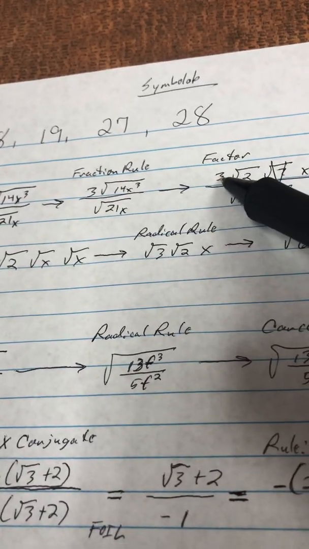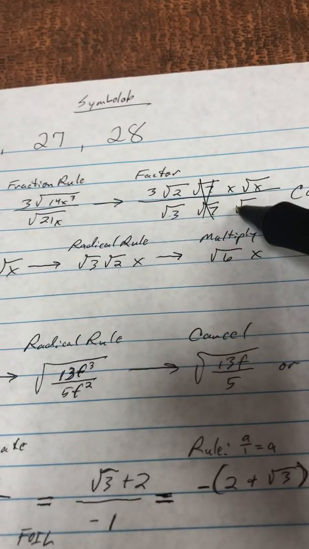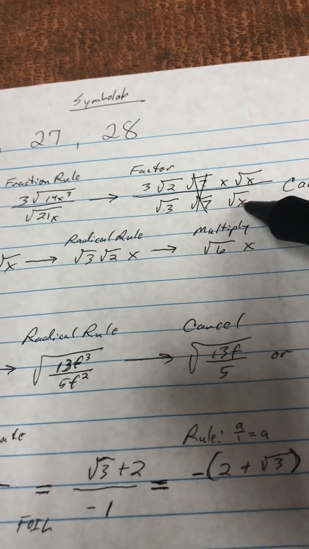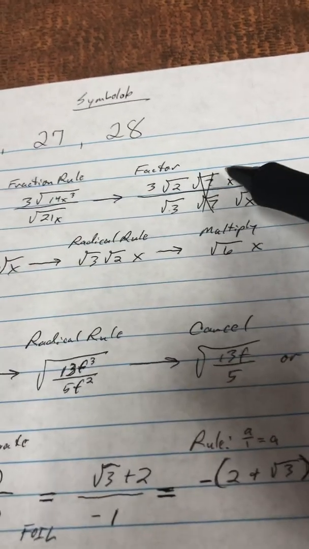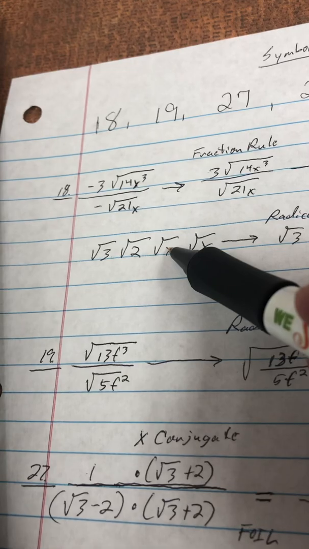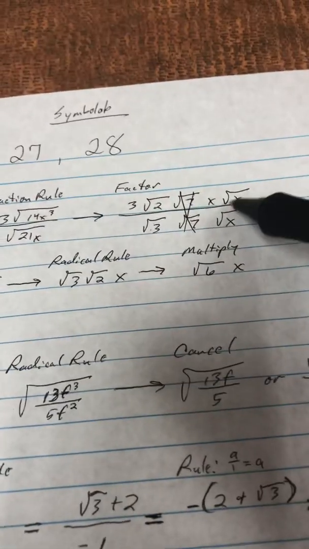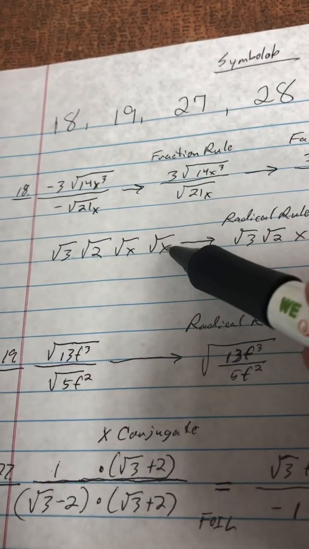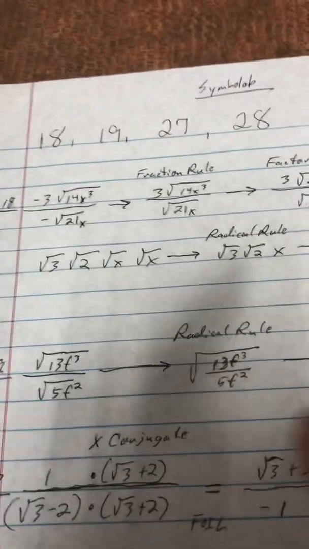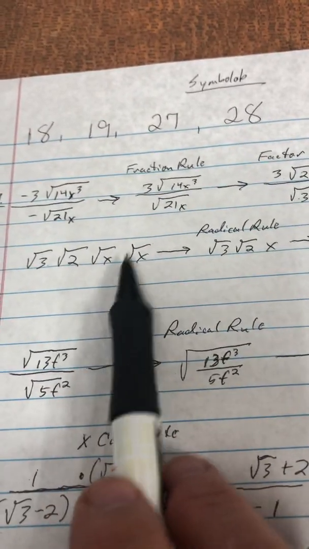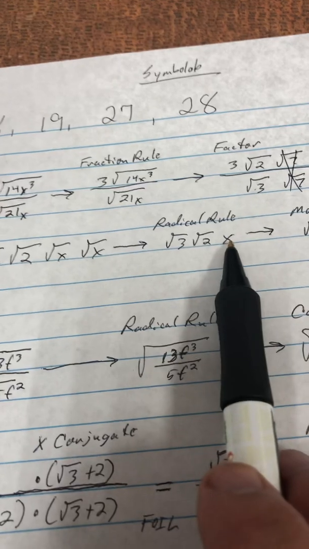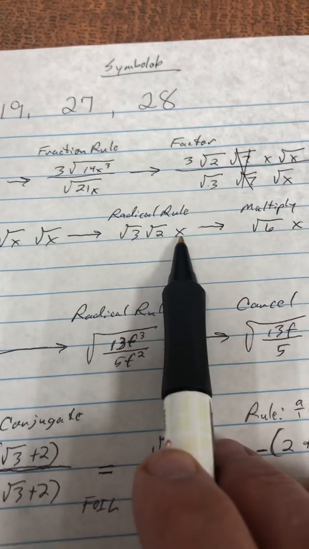Just like what we did with the 3 and the square root of 3, x over square root of x would actually be the square root of x, so that comes up here. And this square root of x is still up here, okay? Now the radical rule: square root of something times the square root of something is that something, because they would be the same number.